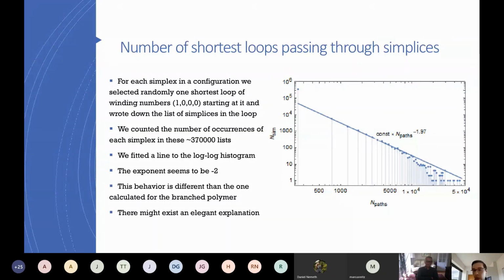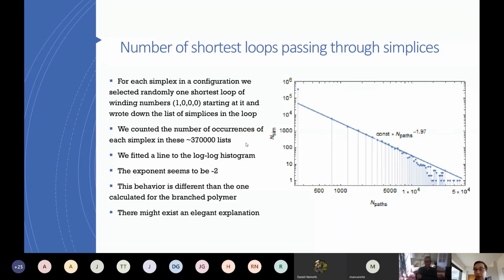And we can do this for every simplex in the configuration, and then we get more than 370,000 lists. And then we can count the number of occurrences of each simplex in all those lists. And we find out that there are some simplexes for which the total number of occurrences is several tens of thousands of times. And there are some simplexes which have hardly any occurrences.